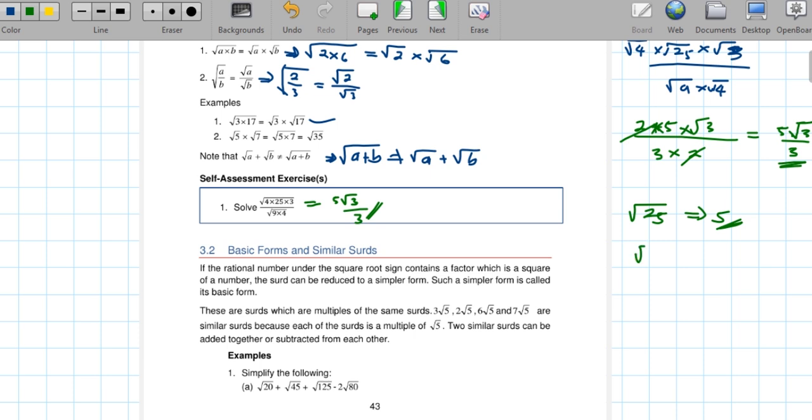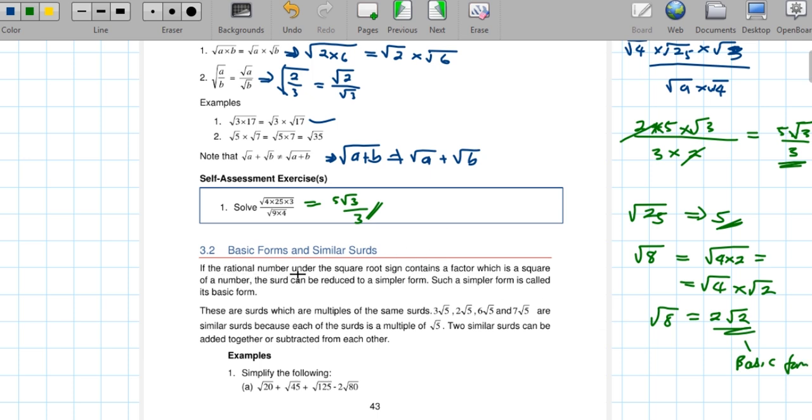Or say you have the square root of 8. The square root of 8 is equal to what? We can split this into 4 times 2, which is equal to the square root of 4 times the square root of 2, which is equal to 2 root 2, because the square root of 4 is 2. So this is the basic form of this surd.